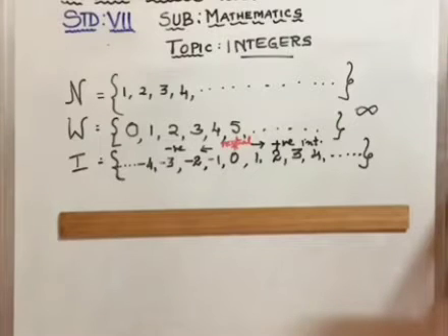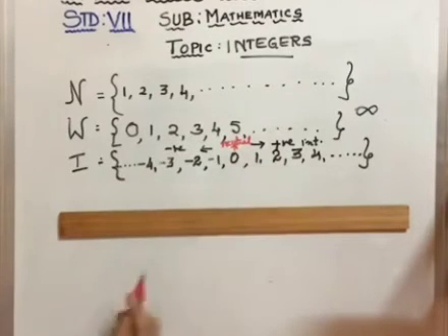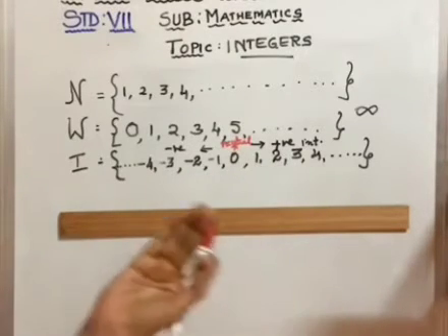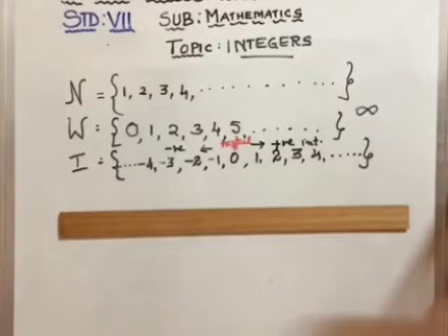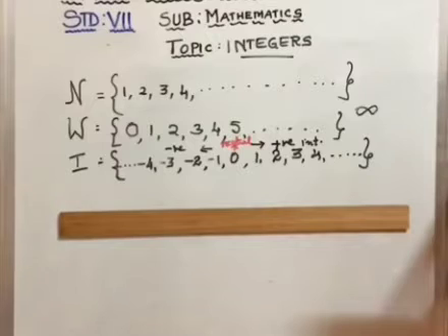Now, if you have noticed, I've written all the integers as whole or complete. Nowhere have I written parts. What do we mean by that? I'll show you now.